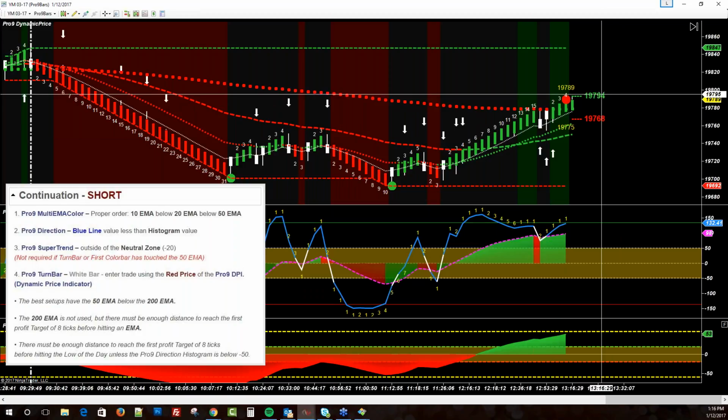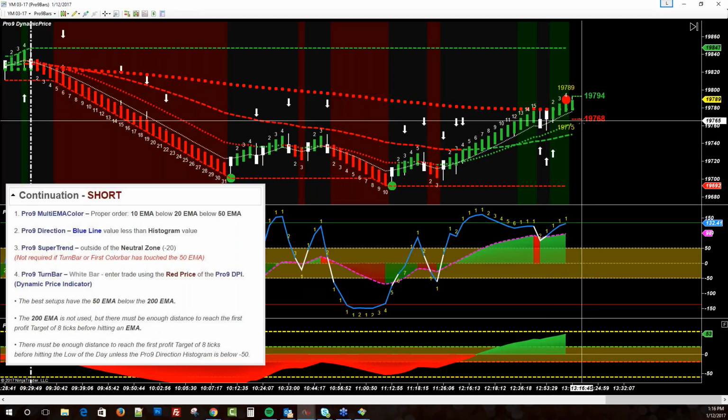And these DPIs will turn yellow to warn you that you are going to run into the 200 before hitting your profit target if you enter that trade. So since we can know there's only one of two outcomes here with our DPI, it's either going to create another color bar or a turn bar. So we can anticipate what will happen if the trade moves in the direction we're hoping.